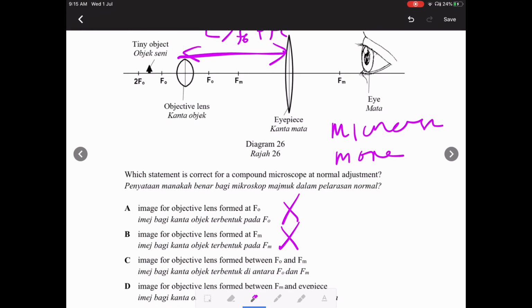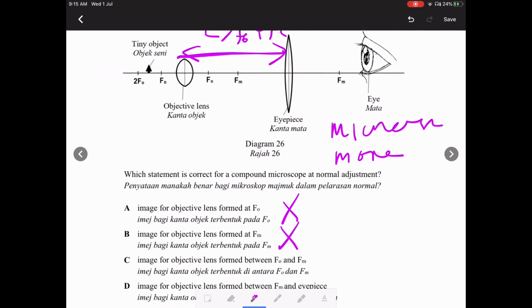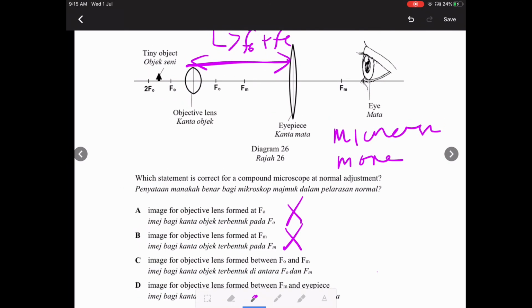Sebab yang ini ialah sini objective lens. So dia magnified inverted real. So image for objective lens between FO and FE.